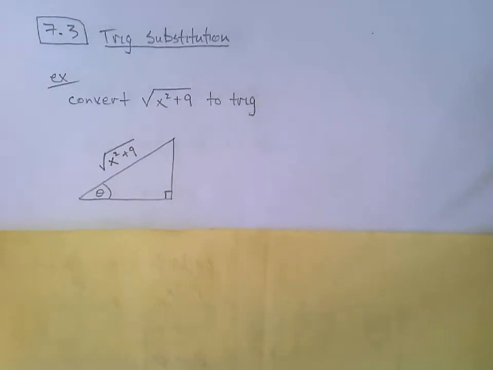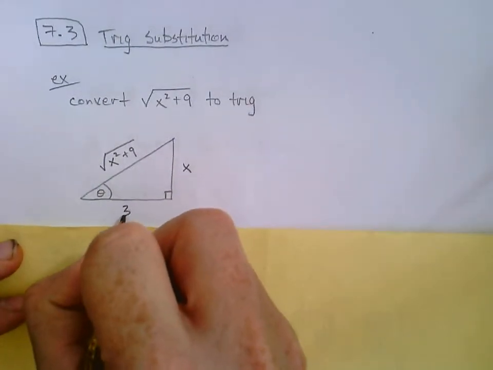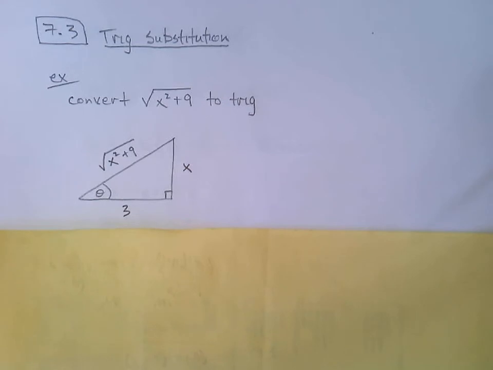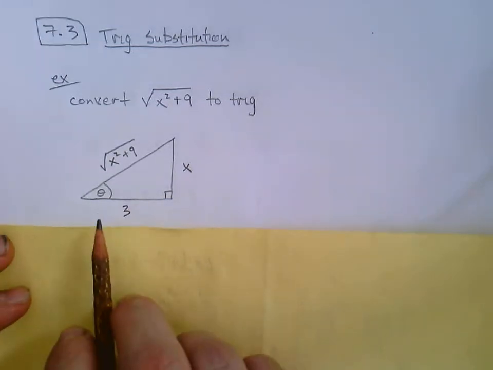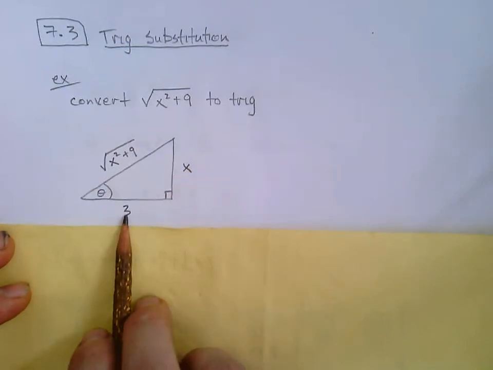The way I like to do it, if I've got a variable and a constant, I like to put the variable here and the constant here. Obviously, those could be reversed, but I find the setup plays out well when I do it this way. Let's look at it again. Pythagorean theorem: this squared plus this squared equals this squared.